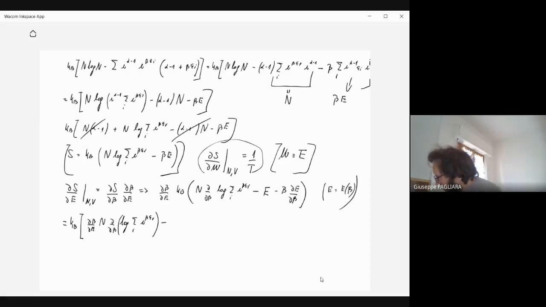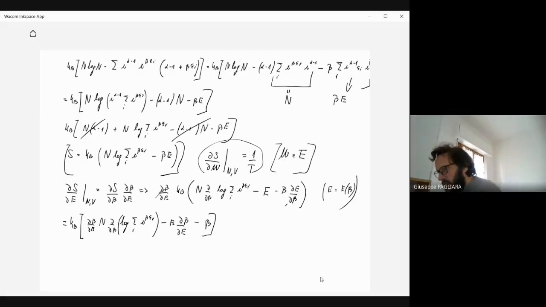Then I have a minus E derivative of beta with respect to E, and then minus beta, where I'm considering that when I multiply this term and this term here, I have 1, and then I have beta left.